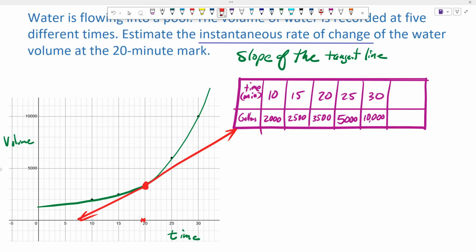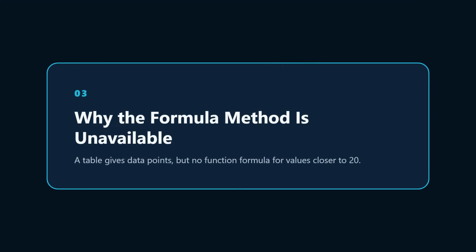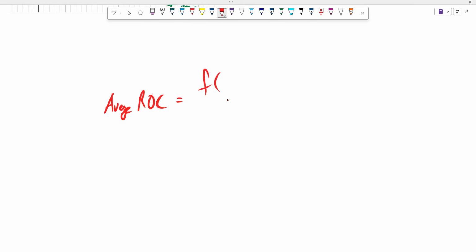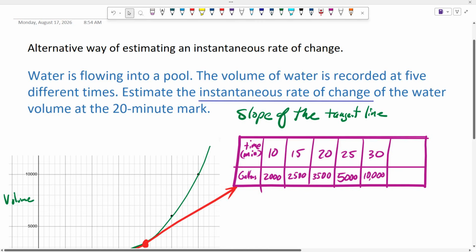It's definitely asking for that, but last class we did the average rate of change. We did f of 2.999 minus f of 3 over 2.999 minus 3, and then we kept plugging in numbers that get closer and closer. Remember this? So why can't we do that for this problem?